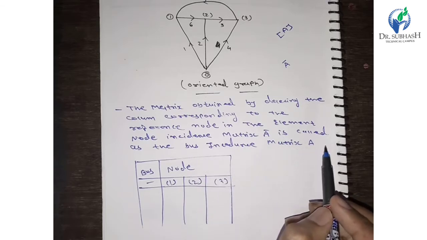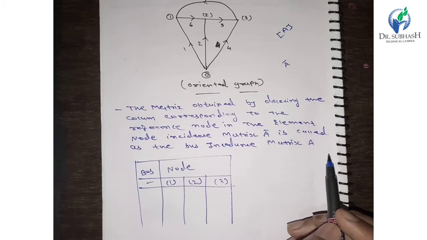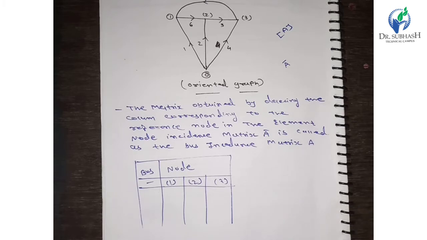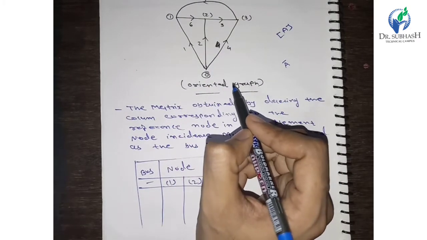So the bus incidence matrix is nearly the same as the element-node incidence matrix that we refer to. When we draw the incidence matrix for the graph, it is the same as the element-node type incidence.